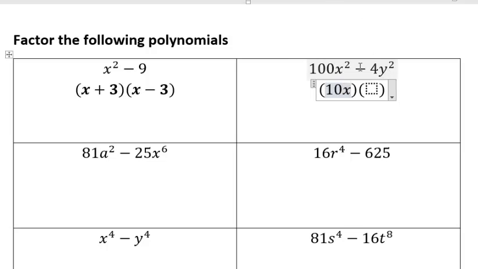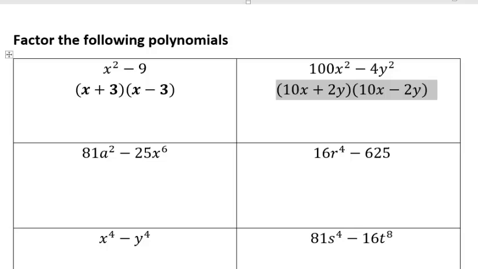Square root of 4y squared will be 2y, because the square root of 4 is 2, and the square root of y squared is y. So I'm going to put those things with plus, and I'm going to copy them again but with minus, and that's it.